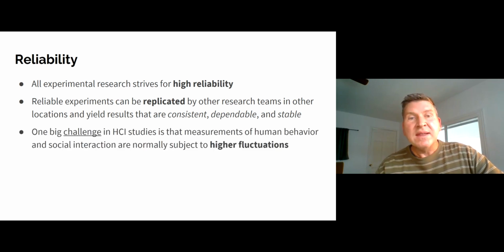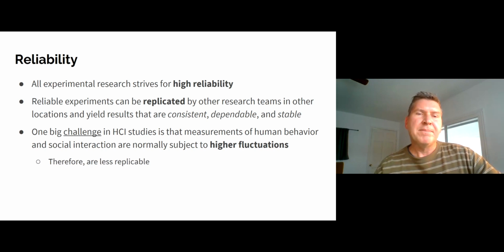With HCI, there's an additional challenge. Because we're measuring human behavior and social interaction, there's a lot more fluctuation in this than, say, measuring a computer's performance or measuring the performance of another type of activity, such as physical activity.